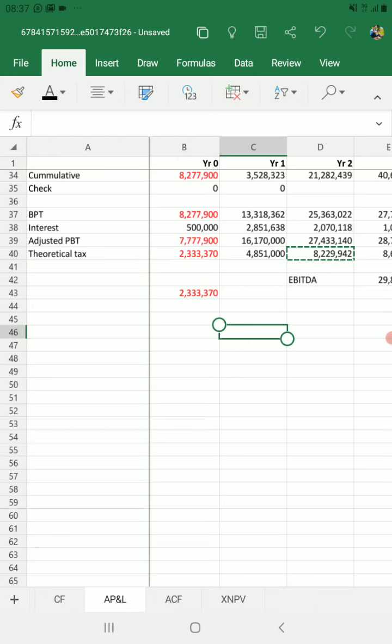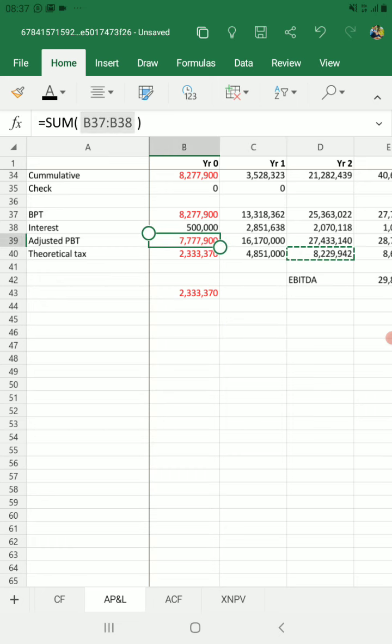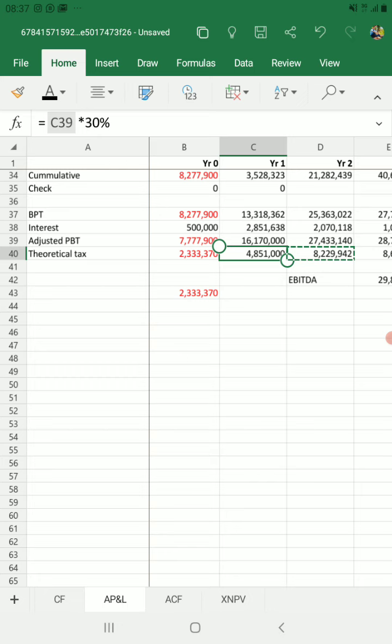After doing that, we now have a theoretical tax figure which is negative in year 0, and this has already been corrected, in that we have charged from the adjusted figure and not from the sum of these two figures in order to absorb the loss.